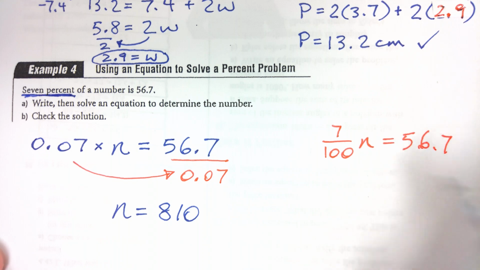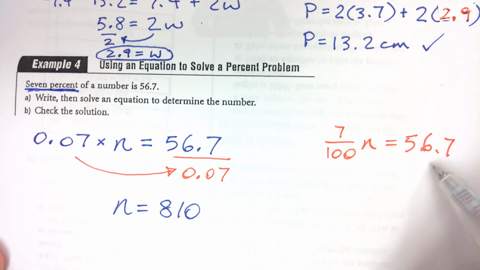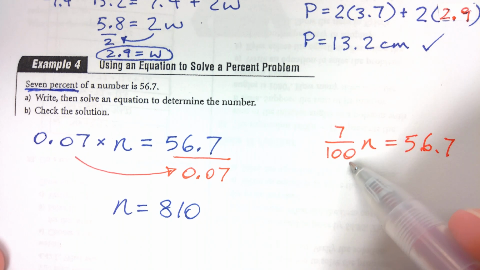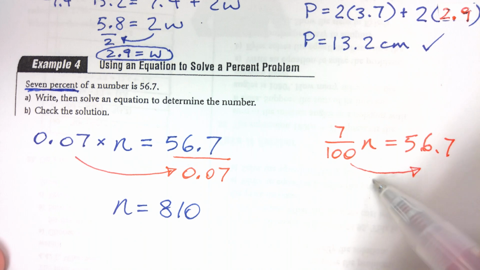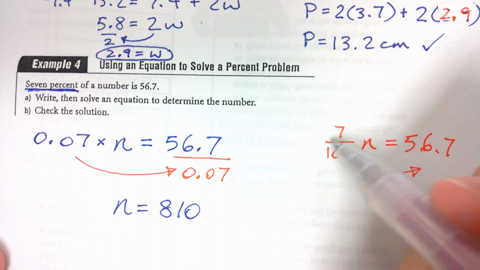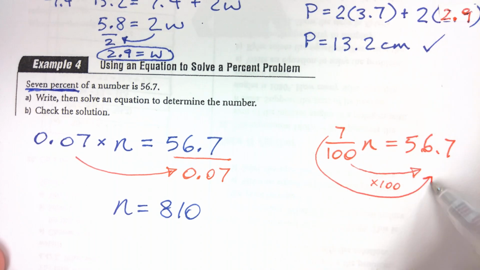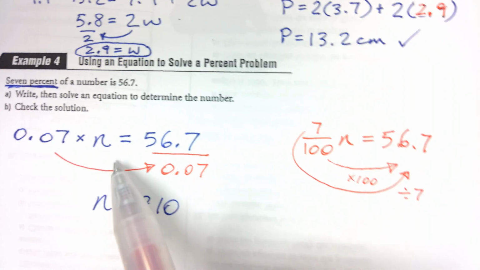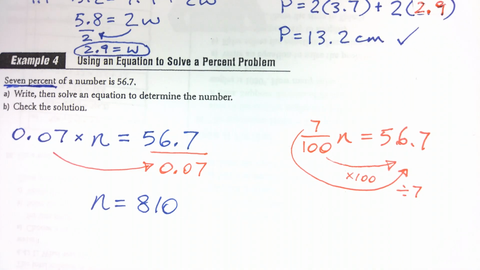So when you move that 100 over, you times it by 100, and when you move that 7 over, you're dividing by 7. So in other words, we just did the exact same thing.